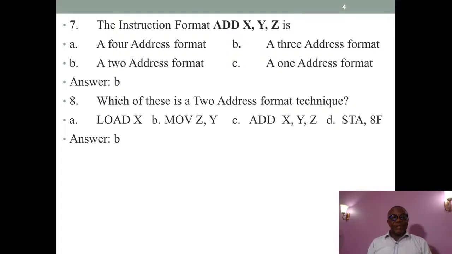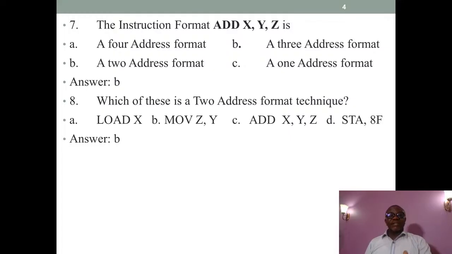What we have in option B is move Z, Y. So you see that if you say move Z, Y, you are moving what is in Y to Z, and it will add to what is there. Then you need to write another one to say stop.